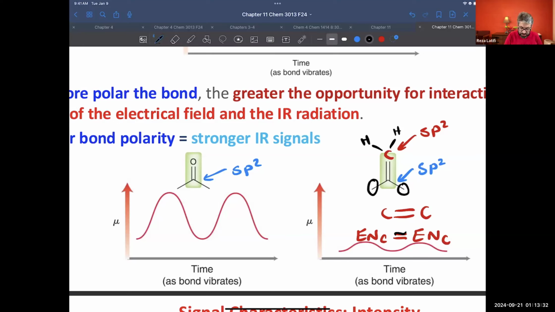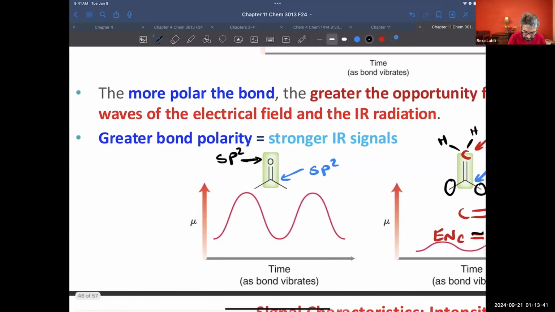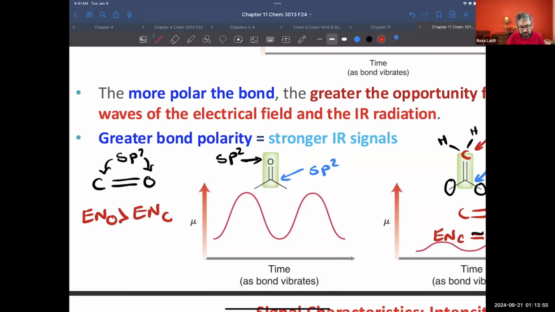Well, there we have oxygen with sp2 hybridization. So I have carbon attached to oxygen, and in both cases we have sp2 hybridization. But for sure, the electronegativity of oxygen is way higher than the electronegativity of carbon.